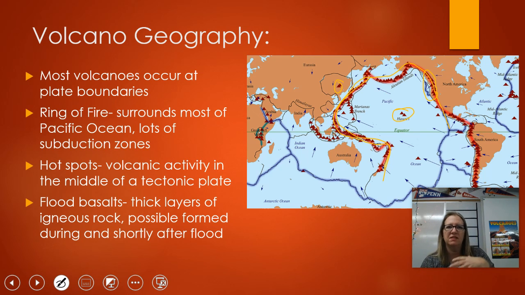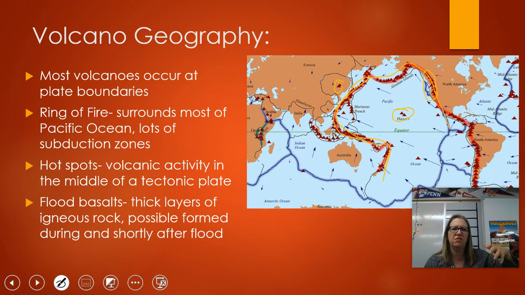Flood scientists think that the continents were breaking apart as a result of the flood. And there were a lot of volcanic eruptions that occurred during the flood and shortly after the flood. And so flood scientists think that those flood basalts came during that just high activity, kind of tumultuous time.